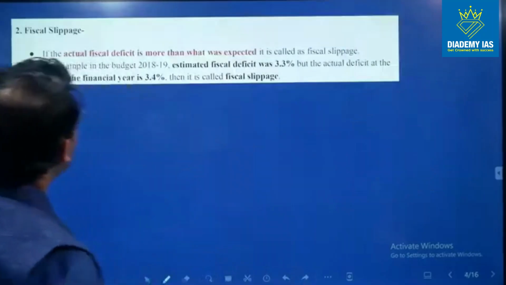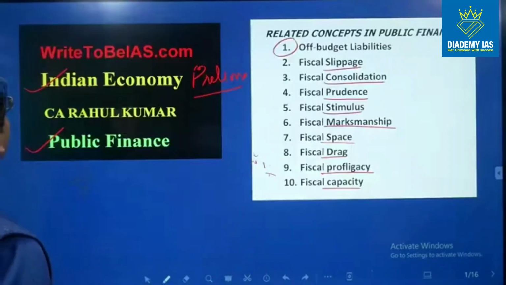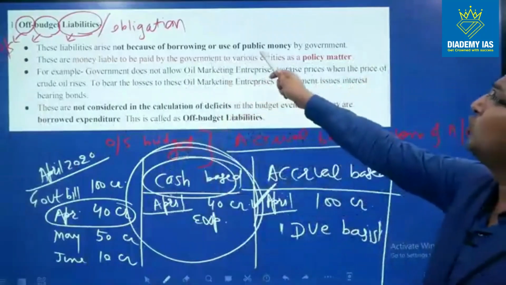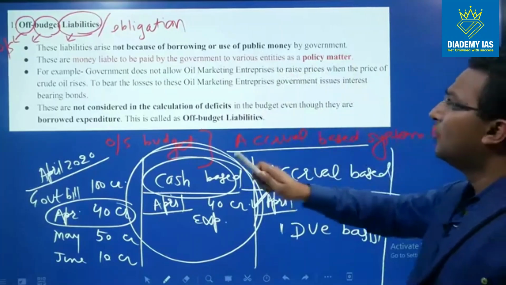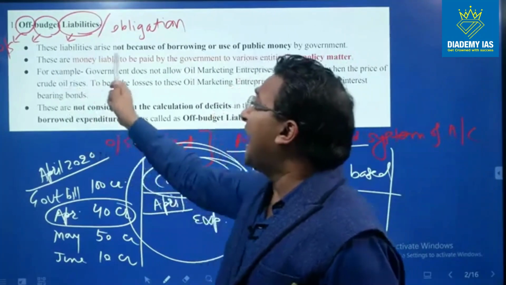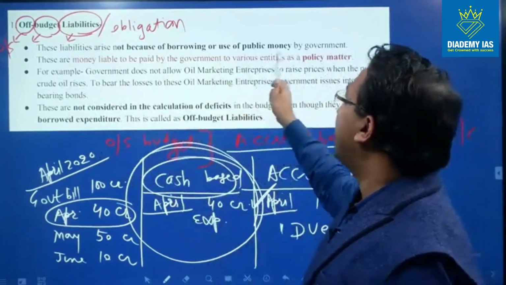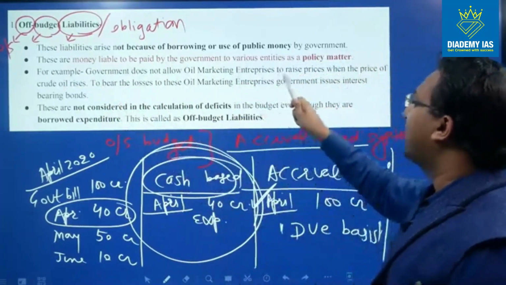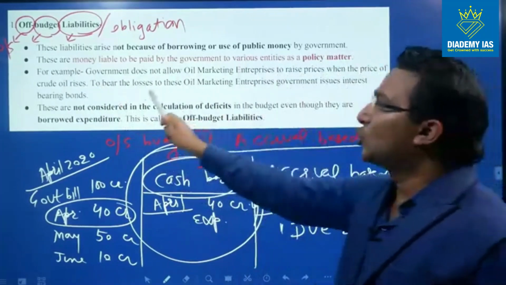Now let us see it in terms of language. These liabilities arise not because of borrowing or use of public money by the government. So the government has not borrowed the money directly. These are monies liable to be paid by the government to various entities as a policy matter. For example, the government does not allow oil marketing enterprises to raise prices when the price of crude oil rises.